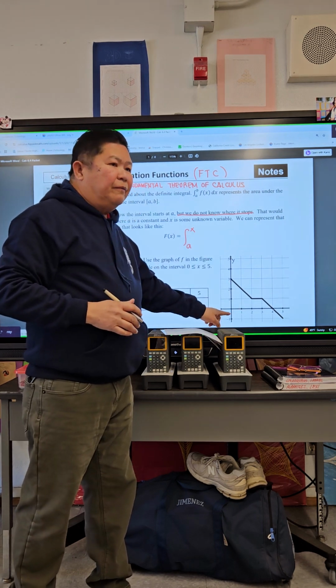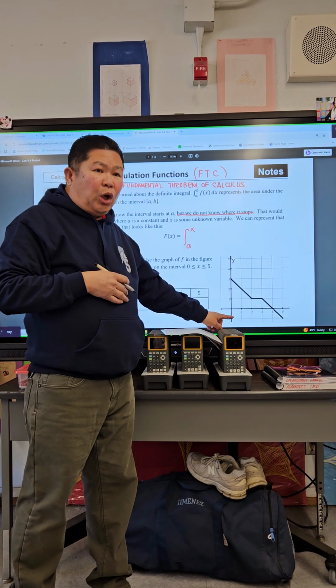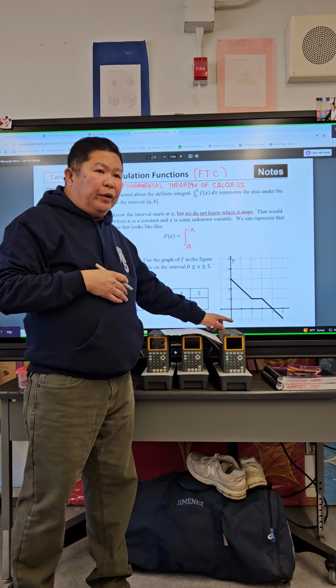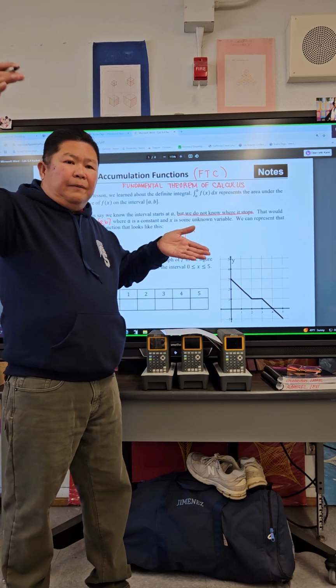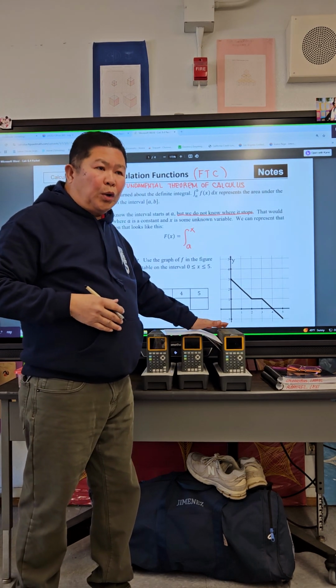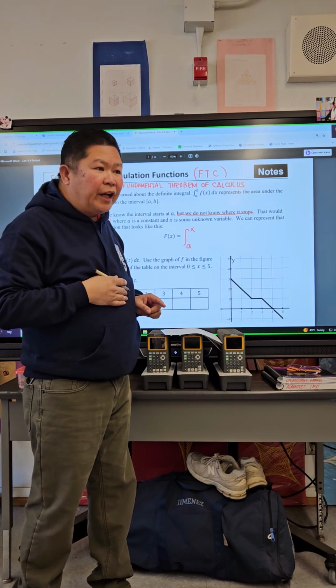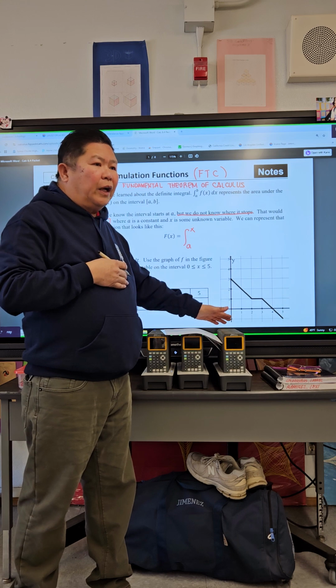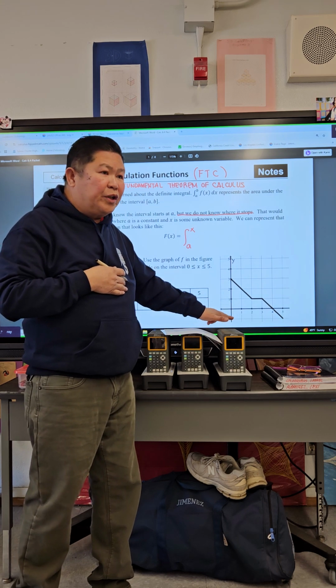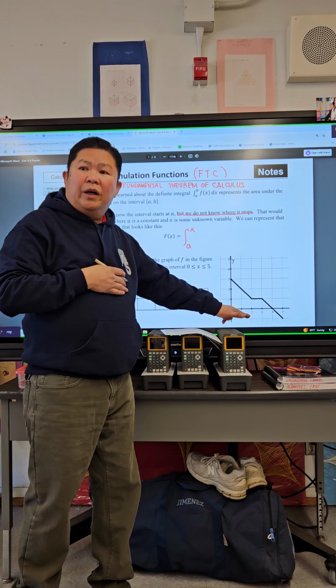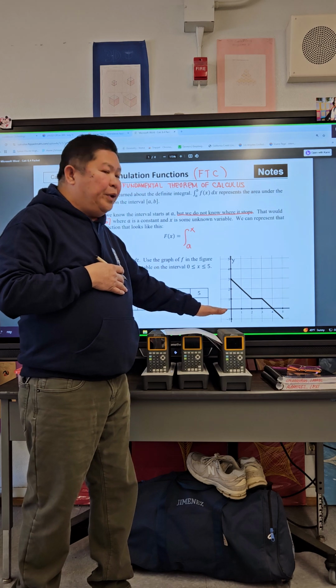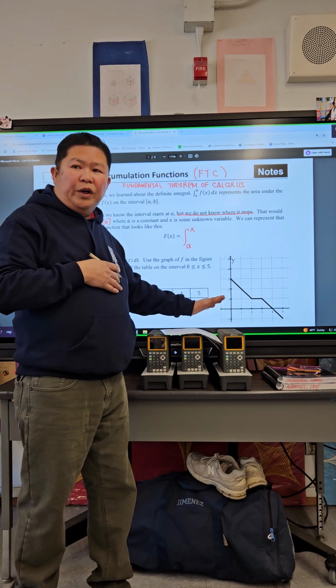From this graph, if our a is 0, then the interval could probably be from 0 to 1, and that's the x, okay? Or the interval could possibly be from 0 to 2, or from 0 to 3, or 0 to 4.